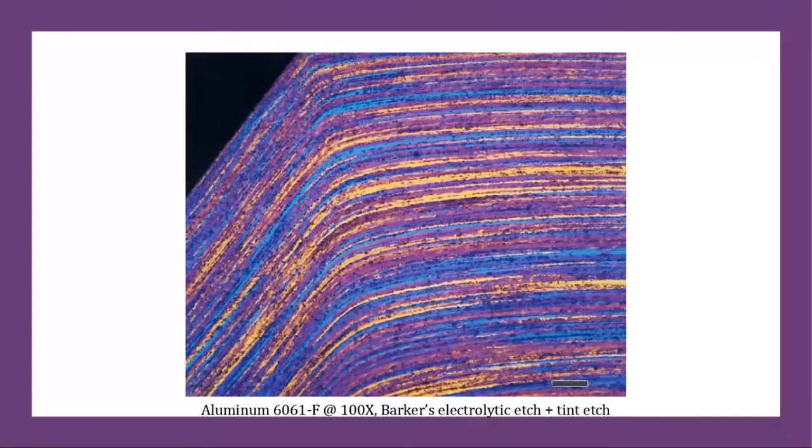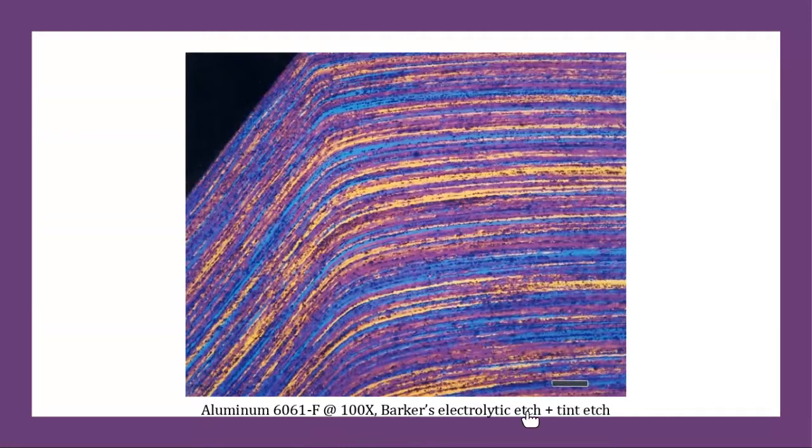Now, this is a 6061 in the as fabricated condition. So that's what that F stands for down here at the bottom of the screen. This is an aluminum 6061-F, as fabricated, at 100x magnification.